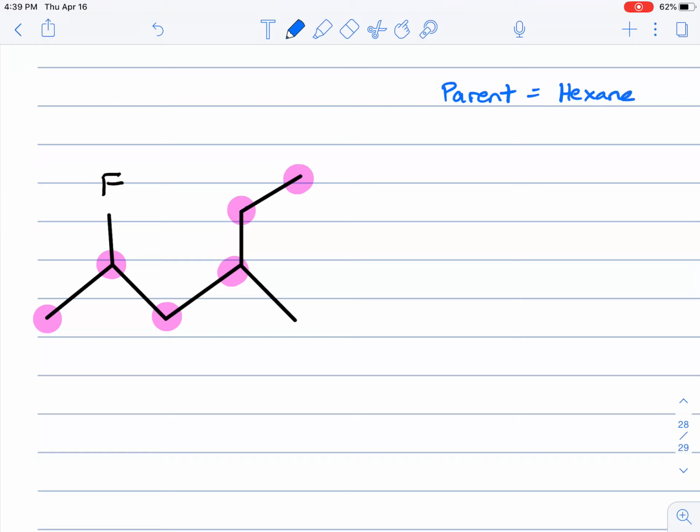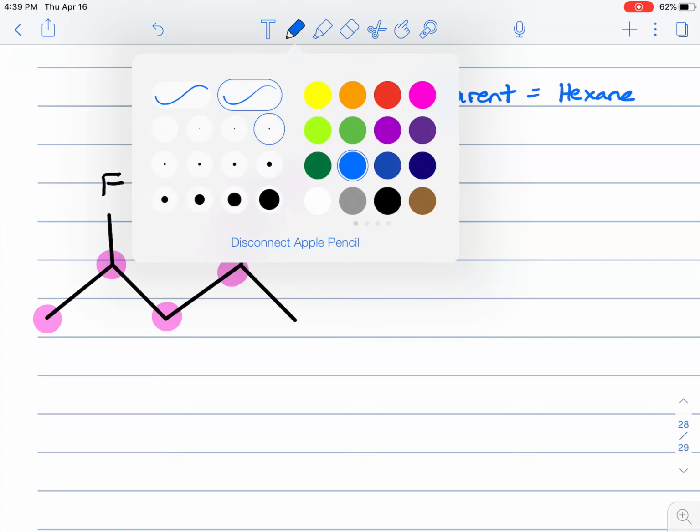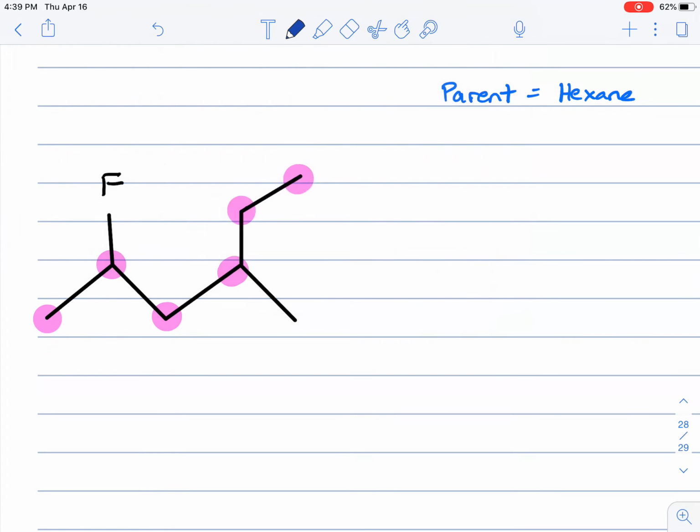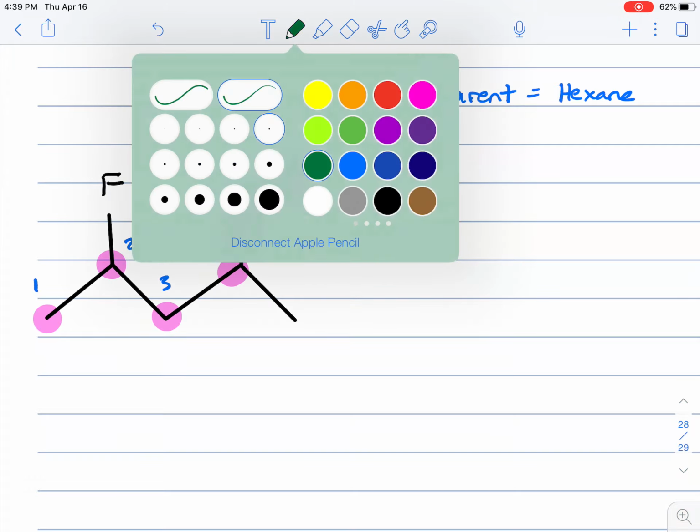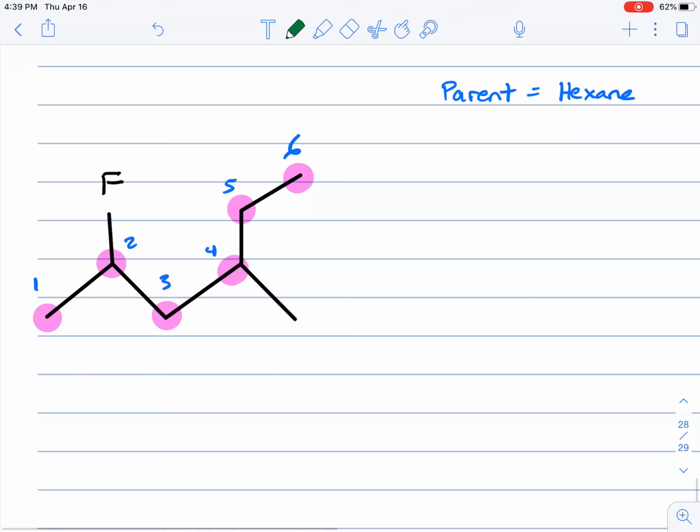Okay, that's in pink. Now we're going to number the carbons left to right and right to left and see what comes up. So 1, 2, 3, 4, 5, 6. And if I go from right to left, I have 1, 2, 3, 4, 5, and 6.